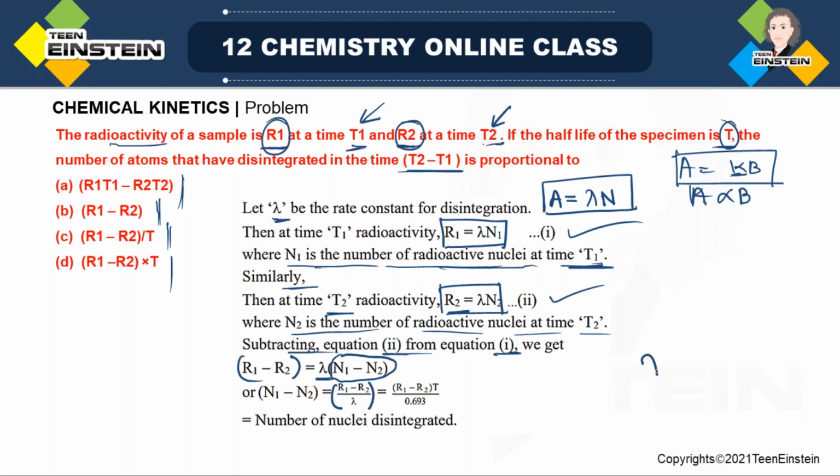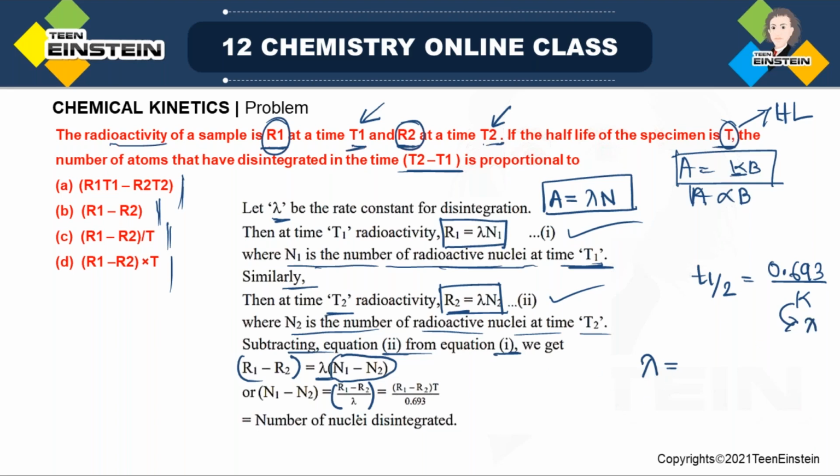Now, how is the decay constant lambda related to half-life, because half-life is also mentioned. We know that half-life, T half, for first order kinetics, because radioactive reactions also follow first order kinetics, is 0.693 divided by rate constant K. In this case K is lambda.